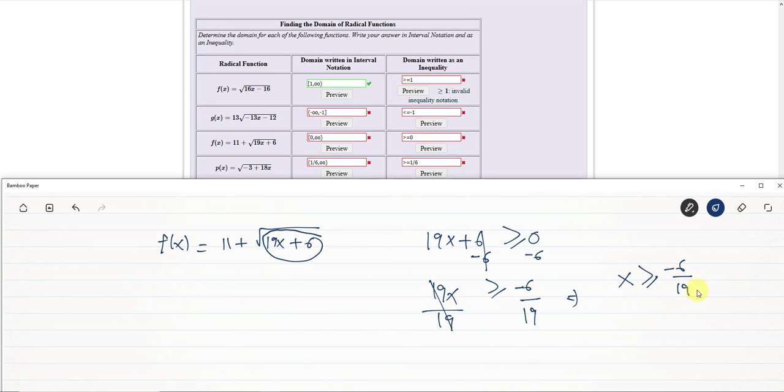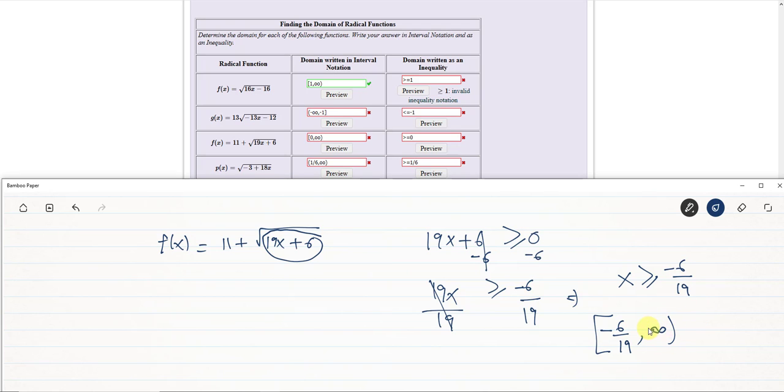So negative 6 over 19 is the smallest value, the lower bound on the left, and then you want to go all the way to the right, bigger than this number. It could be anything as long as it is bigger than this value. So that is the infinity on the right side.